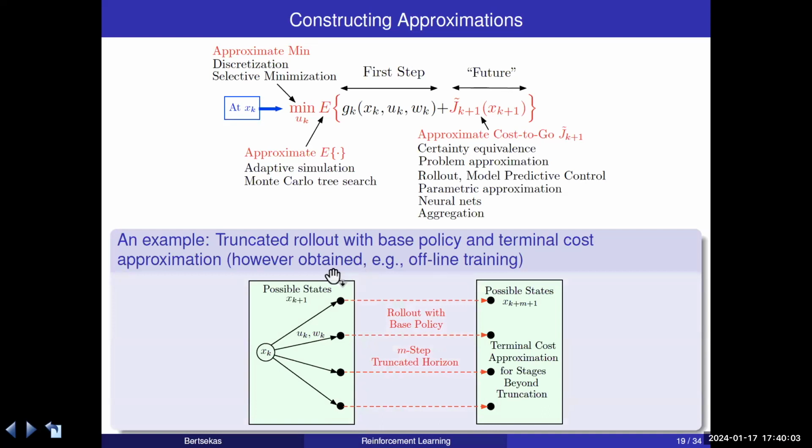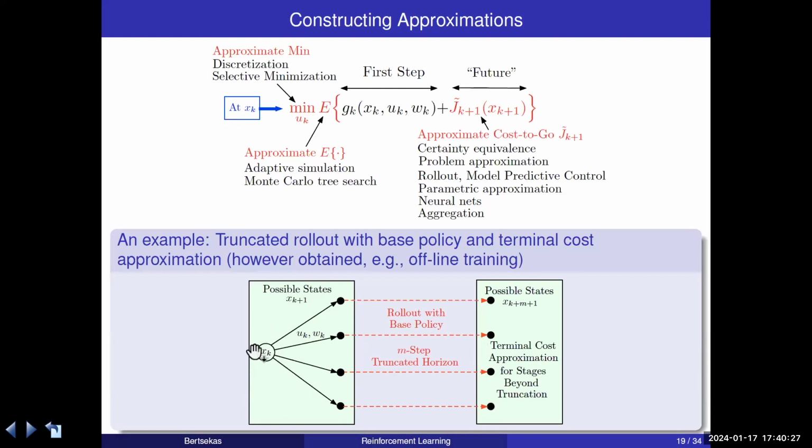Let me give you also an example of rollout. Rollout from a given state simulates a heuristic all the way to the very end. But one approach might be to simulate a heuristic for just a few steps and then take a cost function approximation after that. This is called truncated rollout and operates like I'm showing here.